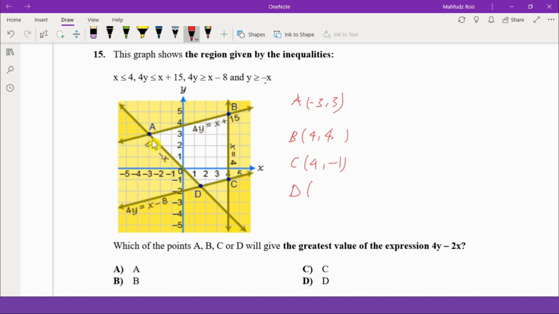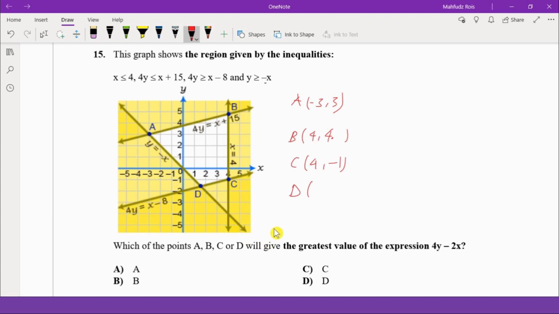So for B and D, actually, to have a correct value, we need to find the intersection of these two lines. This line, yeah, this line, and this line.